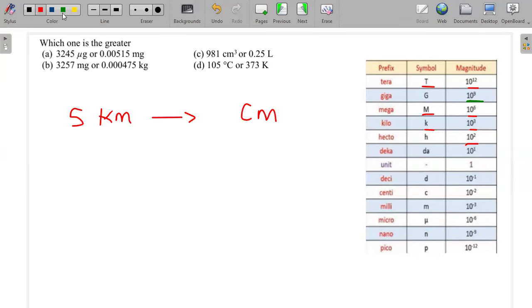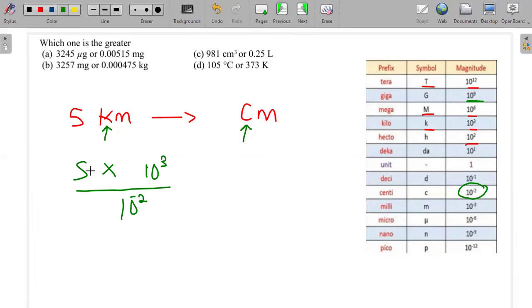I say 5 multiplied by the value of the kilo, which is 10 to the power 3, then divided by the value of the centi, which is 10 to the power minus 2.